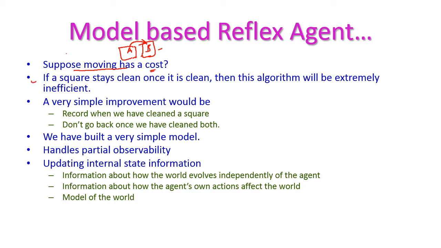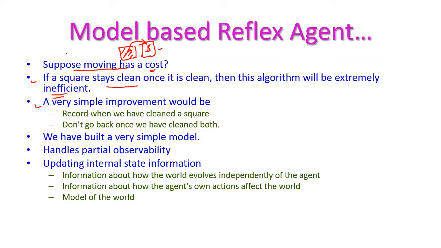And if a square stays clean, if the square is already clean, we need not clean it, isn't it? Then the algorithm will be extremely inefficient. Which algorithm? The simple reflex agent algorithm is inefficient if the square is already clean. We need not clean the same square again.